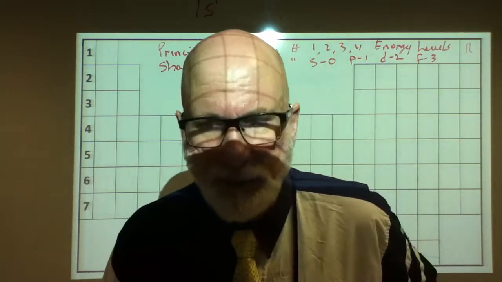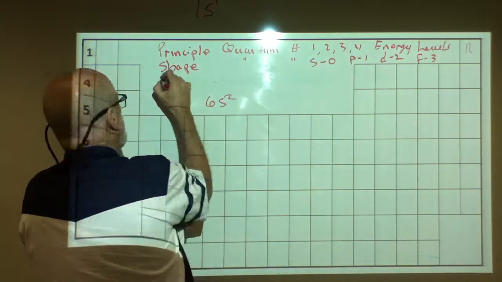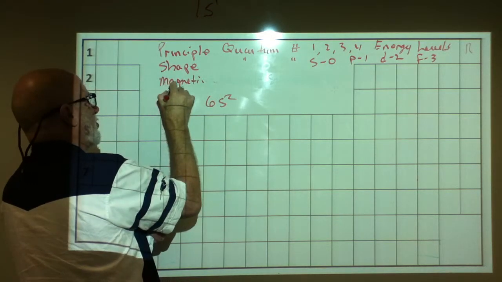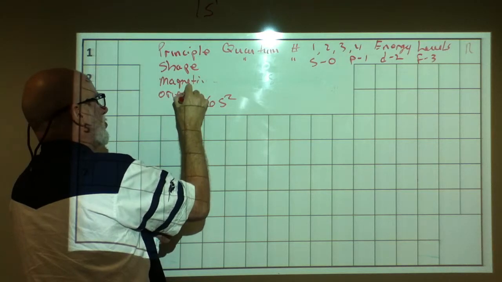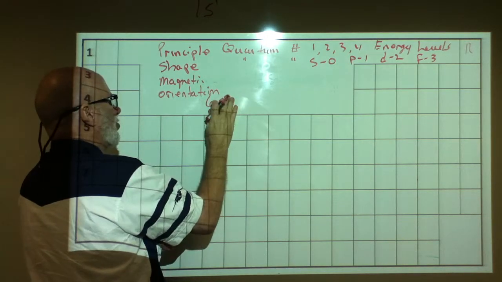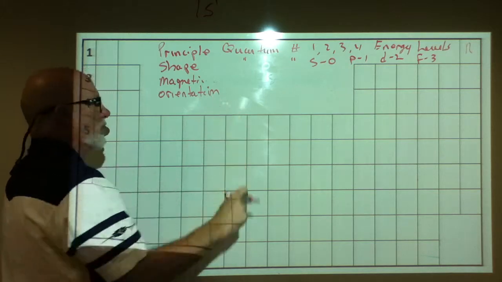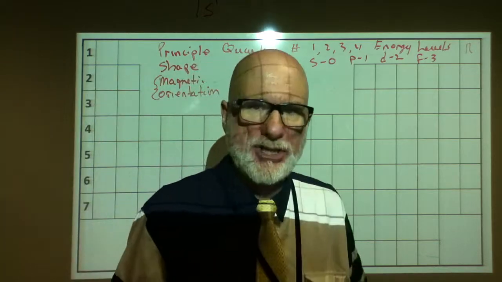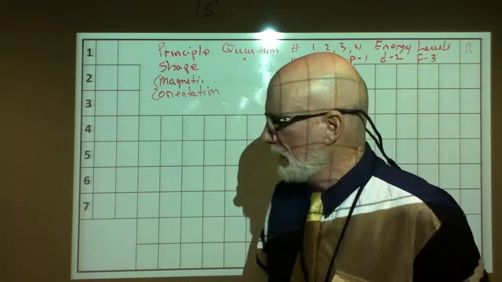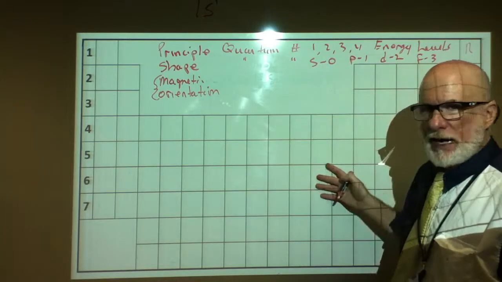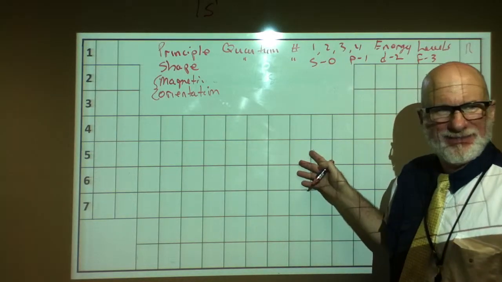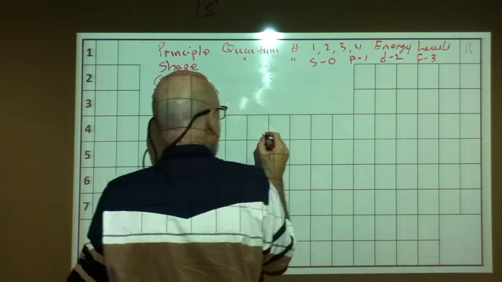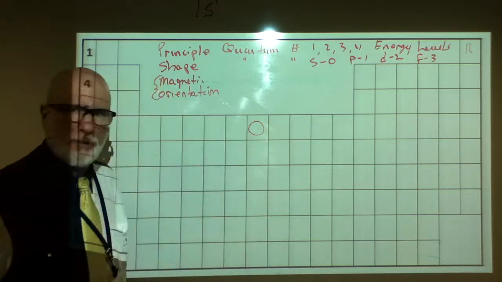The third quantum number, m, magnetic or orientation, is going to be, can I use these squares for something other than elements? I want to make a chart. Is that okay? Okay. So I'm going to make, these are orbitals.